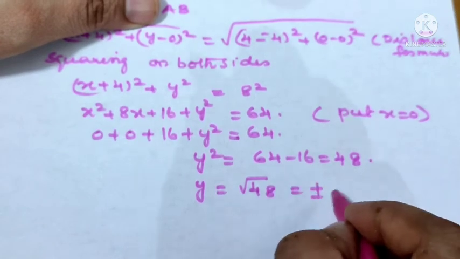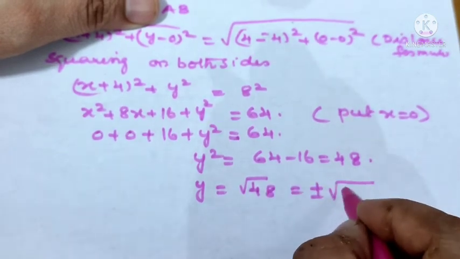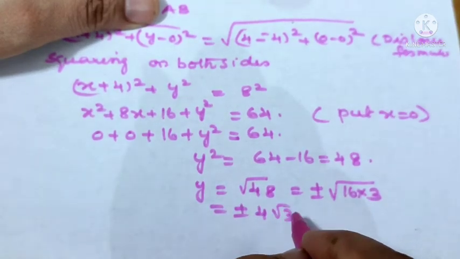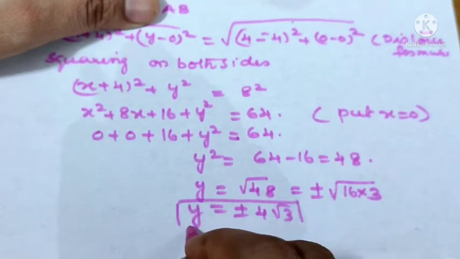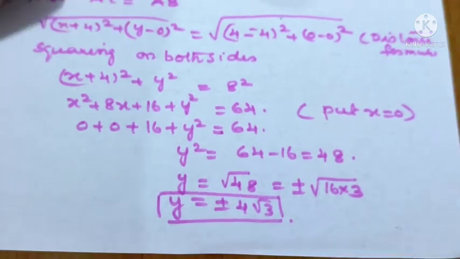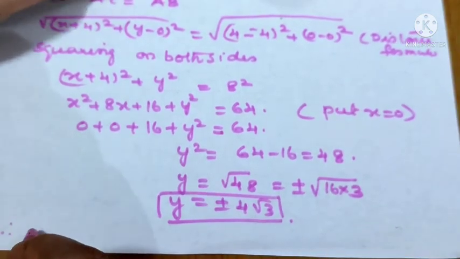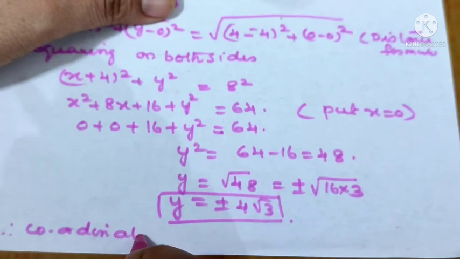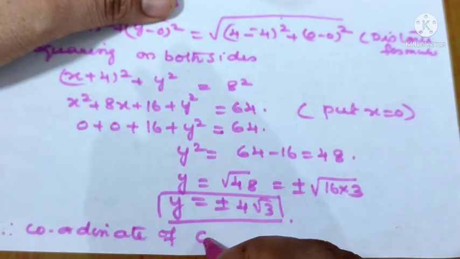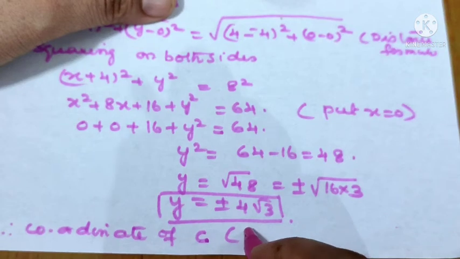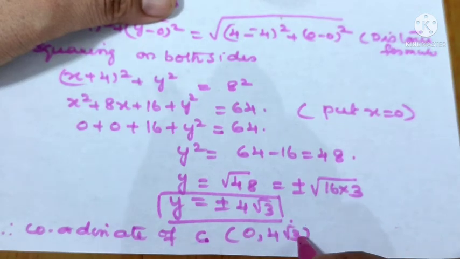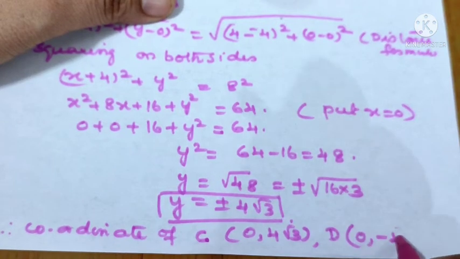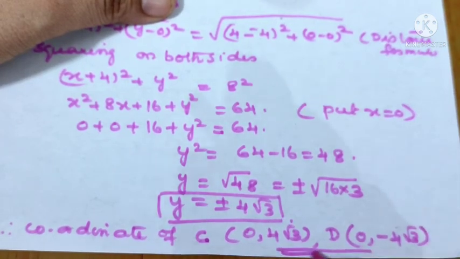That means plus or minus 16 into 3, which I can write 4 root 3. Therefore, coordinate of C, that is the third vertex, is 0, 4 root 3, and D, that is the negative case, is 0 comma minus 4 root 3.